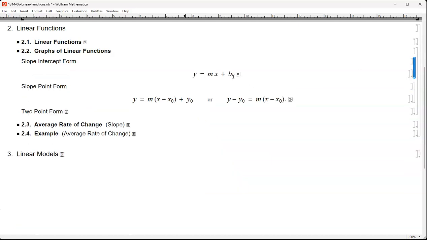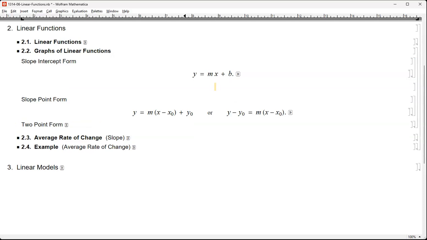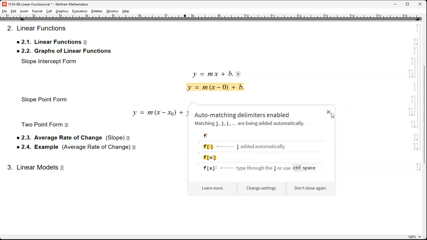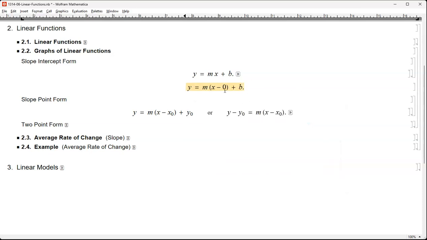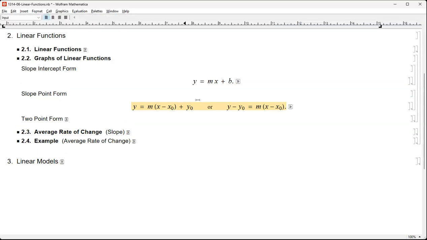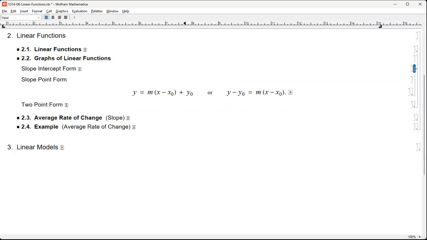The slope-intercept form can be considered as a special case, y equals m times (x minus 0) plus b. So running through the y-intercept (0, b), which is actually the point (x0, y0), you can rewrite like that. So you can consider the slope-point form is a little bit more general.